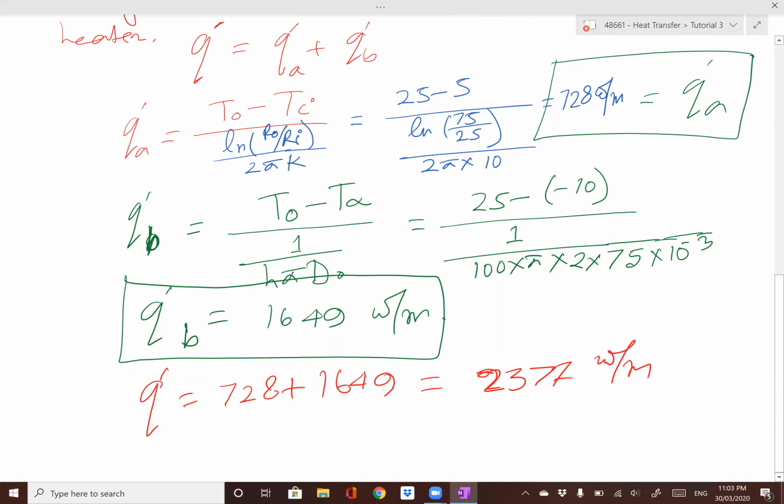So this amount of heat is required per length for the heater to maintain the heater surface temperature 25 degrees Celsius. So this one is the answer.